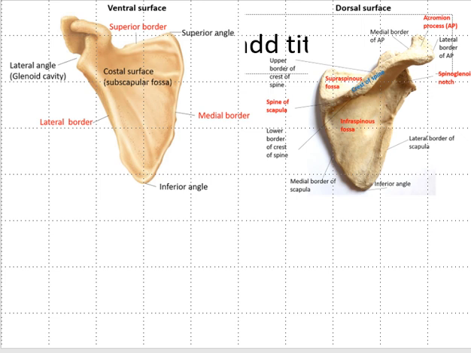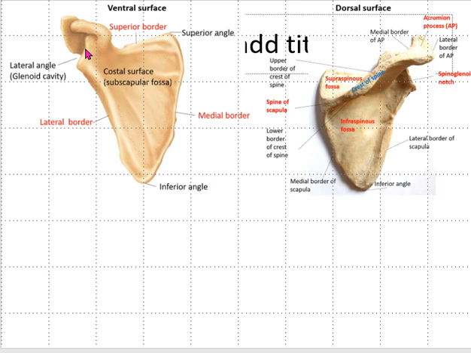What are the different parts of the scapula? It has a body which is triangular in shape. It has three angles: superior angle, inferior angle, and lateral angle. At the lateral angle, there is a shallow pear-shaped fossa called the glenoid cavity.